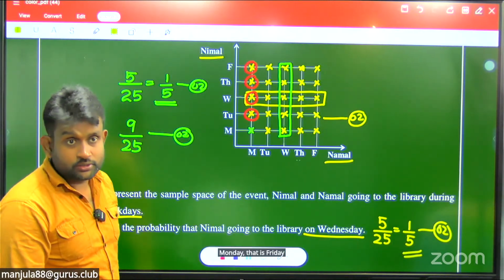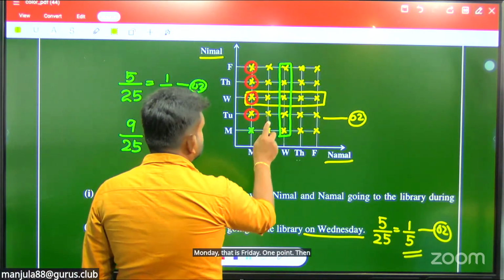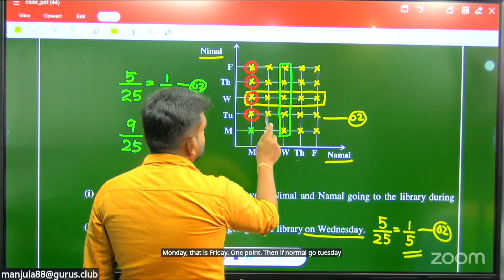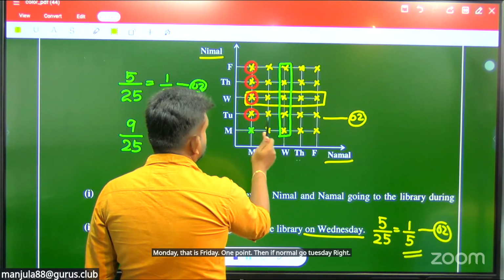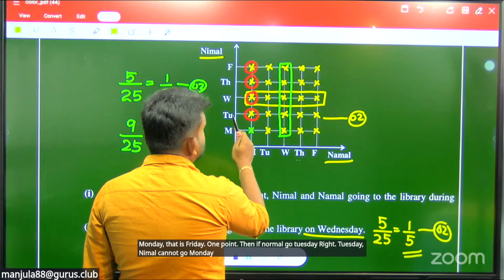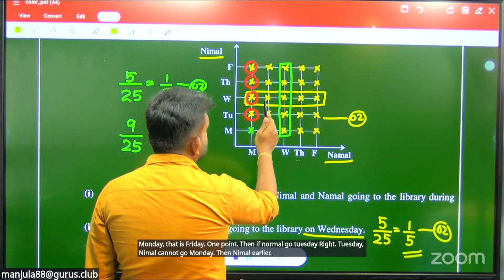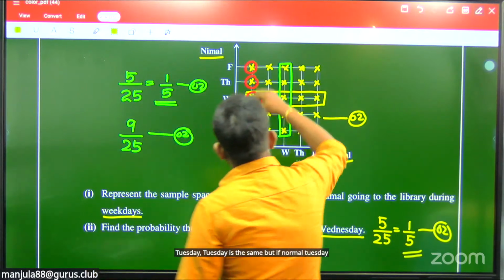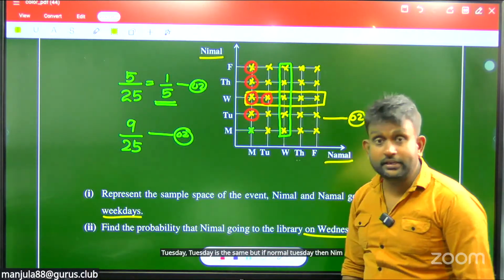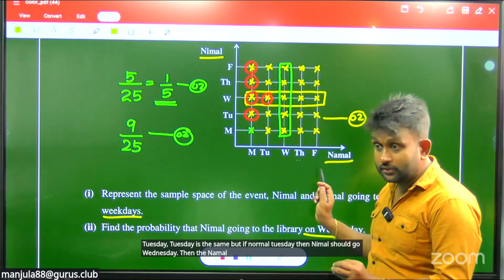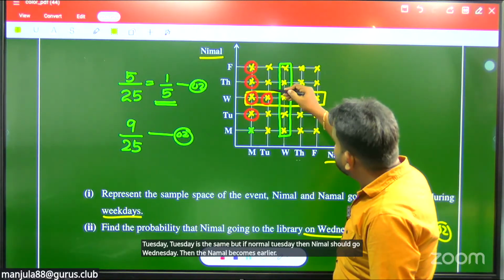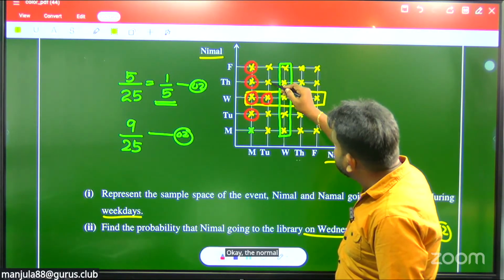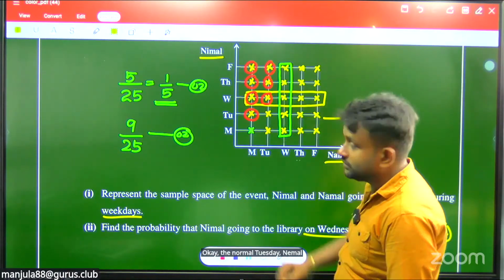Then if Namal goes Tuesday, Nimal cannot go Monday, because then Nimal would be earlier. But if Namal goes Tuesday, then Nimal should go Wednesday, and Namal becomes earlier. Then Namal Tuesday, Nimal Thursday, here Friday.